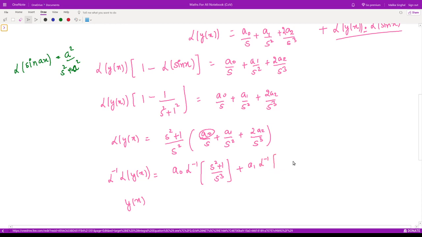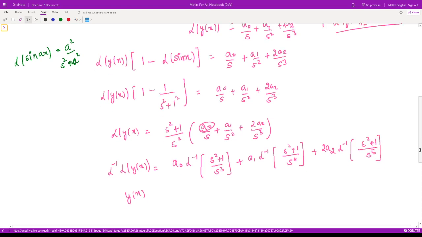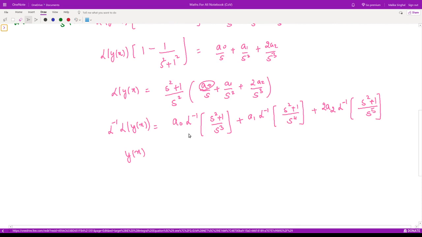Laplace inverse of s square plus 1 divided by s power 4, right? Plus 2 times a2 Laplace inverse of s square plus 1 divided by s raised to power 5. So we are able to do that because this Laplace inverse is a linear operator, right?